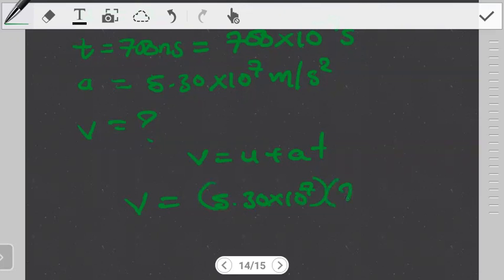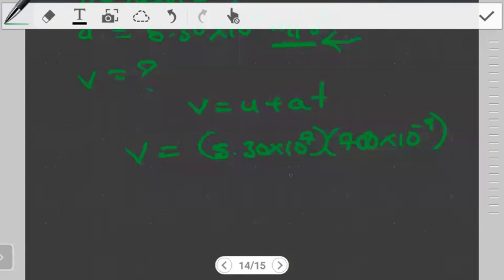The time is 700 nanoseconds, but we use it in seconds because the speed is in meters per second, so the time would have to be in seconds too. So 700 times 10 to the power negative 9 seconds. We then perform the calculation: we just multiply these two, and we get the velocity as 37.1 meters per second.